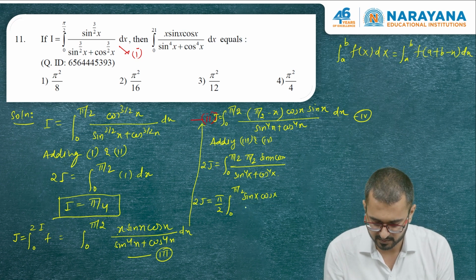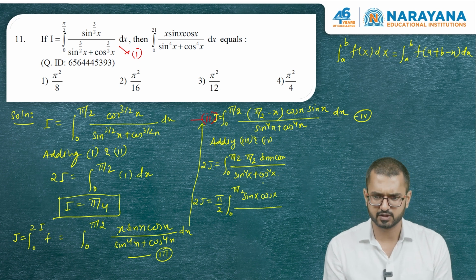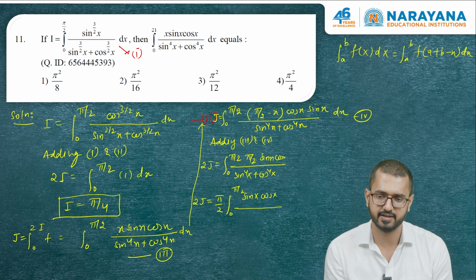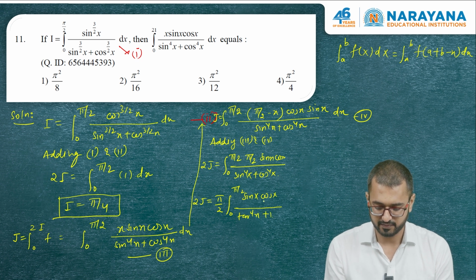So we'll do some smart work again. We'll divide by cos power 4 just to get into tan, because in tan it's quite easy to handle things. We'll divide by cos power 4, so I'll be having here tan power 4x plus 1, and in the numerator what will happen, cos and then one cos will be gone.